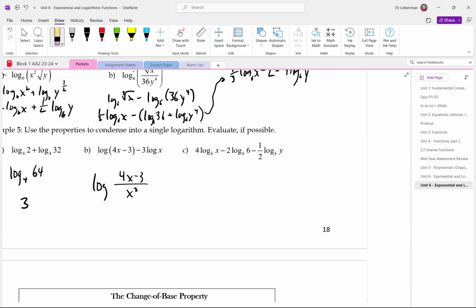I thought it was log X, and then it's minus two log X. Log base 36 minus log.